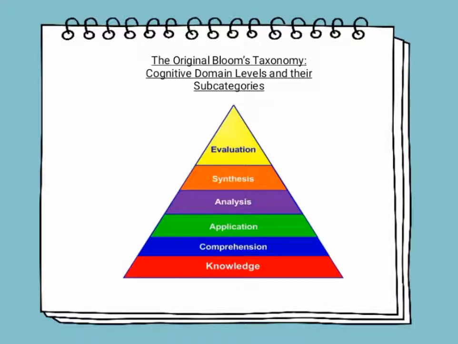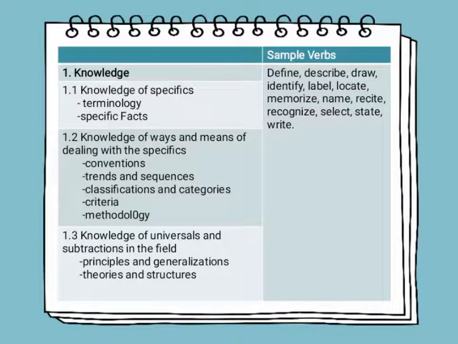Next slide po, ma-highlight natin yung 6 levels na yan along with their sample verbs. First, we have knowledge. 1.1, knowledge of specific. Dito nakapaloob ang terminology, specific facts. Sa 1.2, knowledge of ways and means of dealing with the specific. Dito naman nakapaloob ang convention, trend and sequences, classification and categories, criteria and methodology.